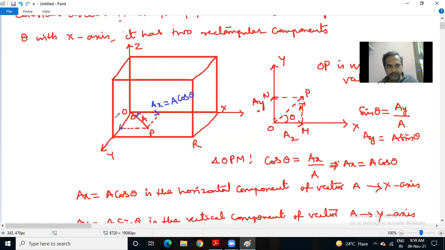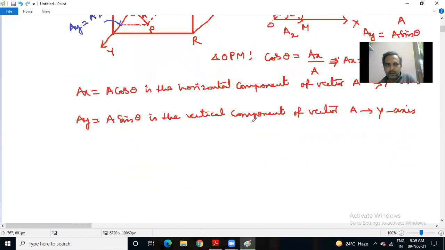This is to be called AY, because with theta, this will be opposite. So AY equal to A sin theta. Simply, at the place where you stand, you throw a ball giving an angle theta with the x-axis. How will the components of velocity be? It is a very useful and very important concept.